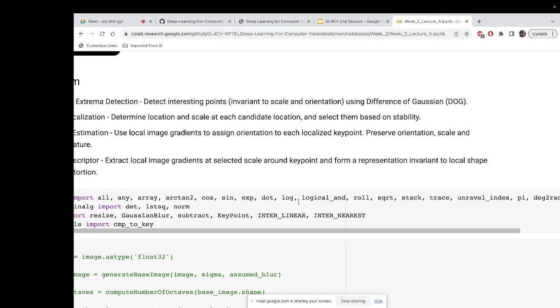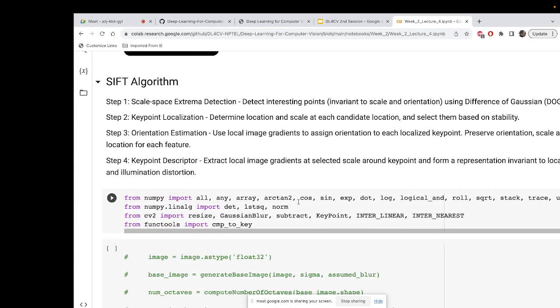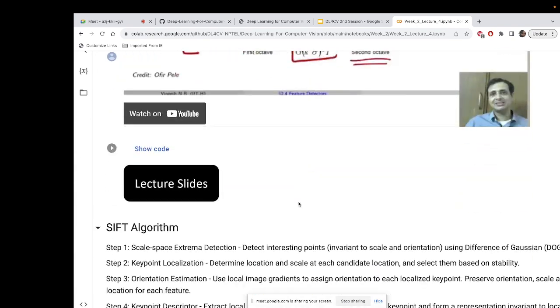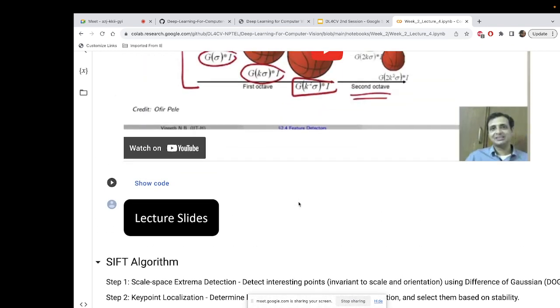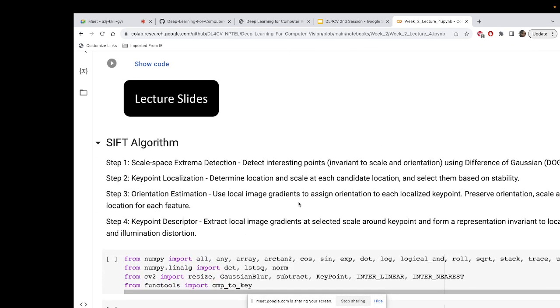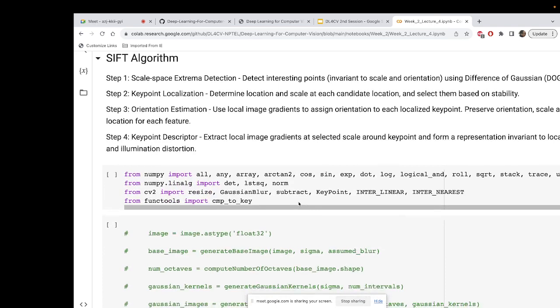So this is the SIFT algorithm. This we will also share. This is more for your own benefit, to understand what is going on inside SIFT, because it's not a very easy algorithm. Once you go through the deep learning algorithms, you'll probably find them a little easier than these.